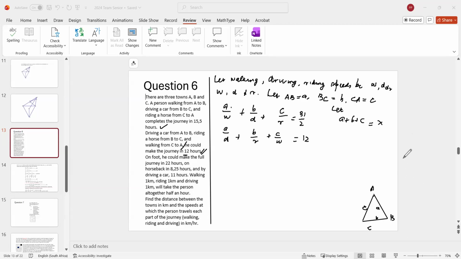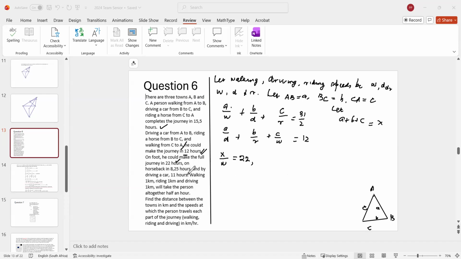Now, if he travels by foot, in other words, when he walks, the total time he takes is 22 hours. So you have that distance over speed, the speed is W because he's walking, is equal to 22. Okay, so we took care of that one.